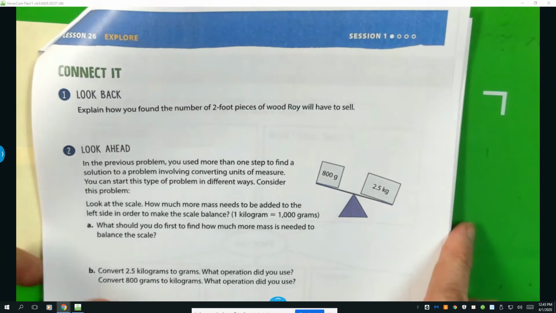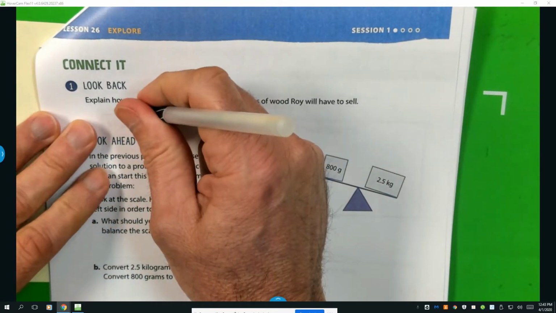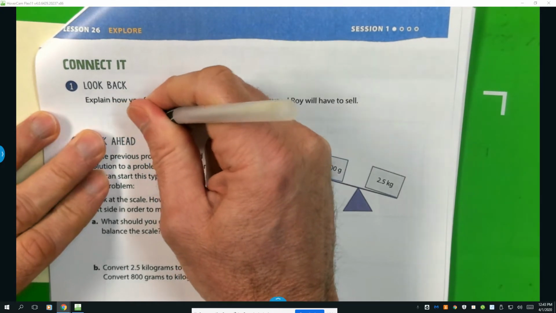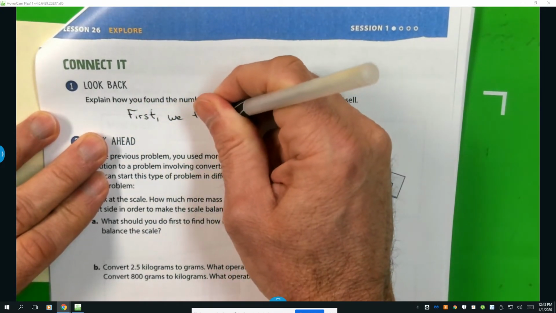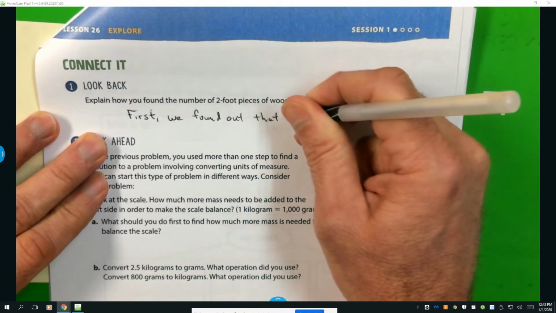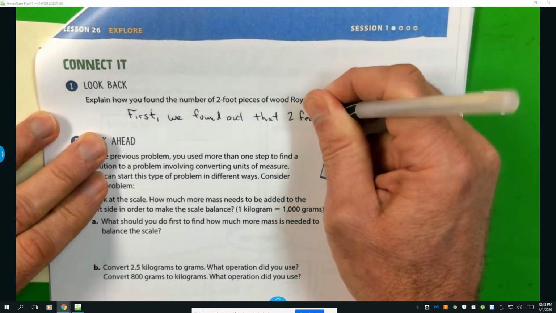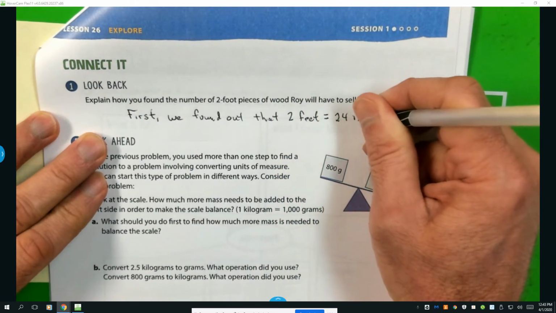Explain how you found the number of 2-foot pieces of wood Roy or Ray will have to sell. Okay, so first we found out that 2 feet equals 24 inches.